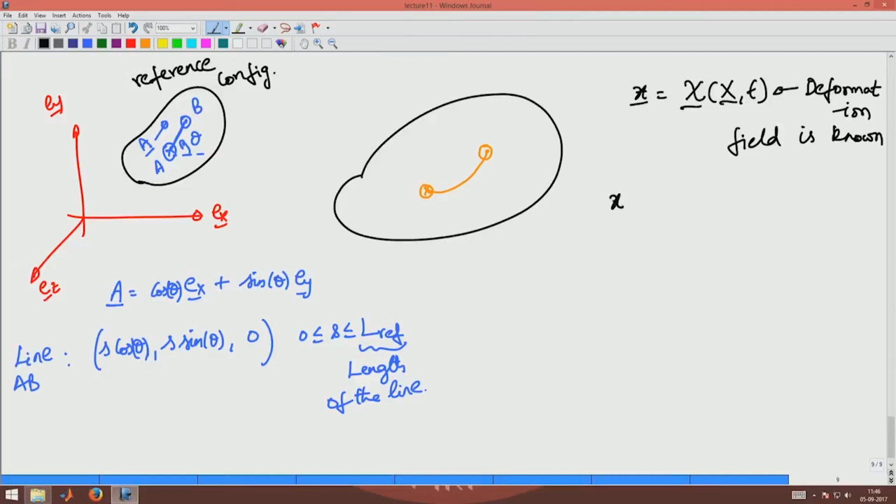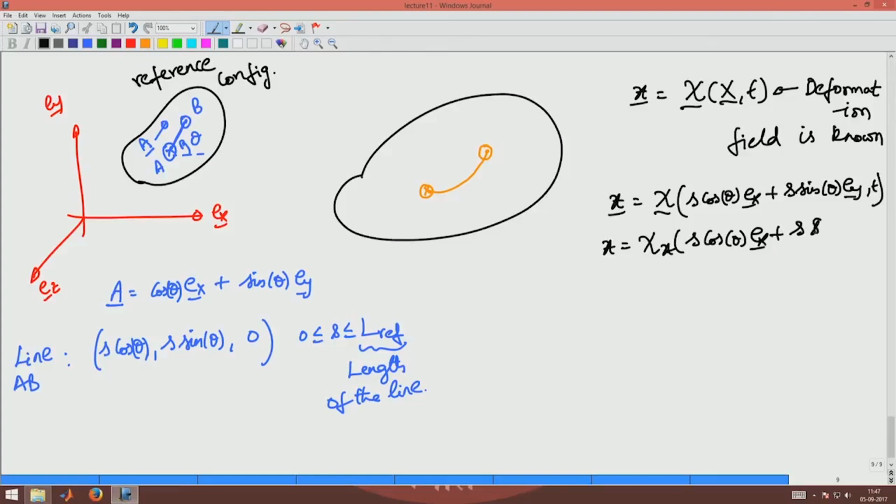So x would be psi of s cos theta Ex plus s sin theta Ey, comma t.